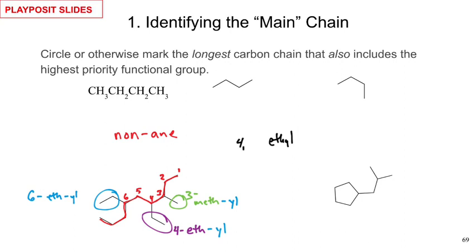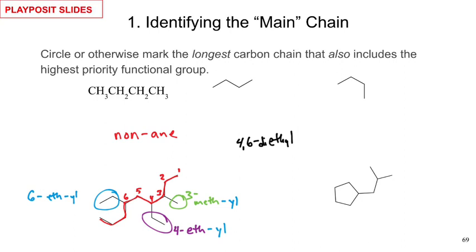So I would say 4, 6, because there's an ethyl at position 4 and an ethyl at position 6. How many ethyls are there? 2. I also have to add that word in there. So I have to say 4, 6 dash diethyl, because there's 2 ethyls. Isn't that redundant? Yes, it is. We still do it. Diethyl.